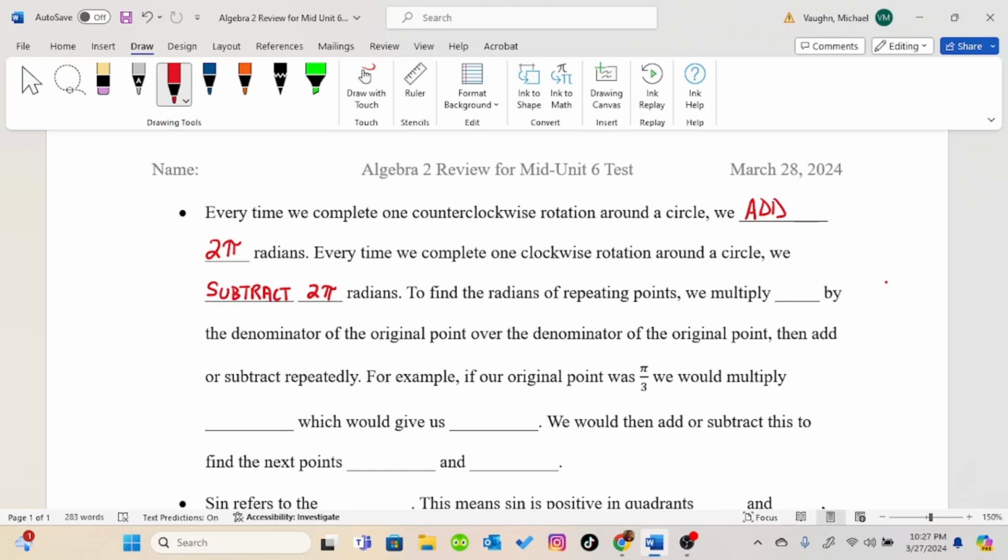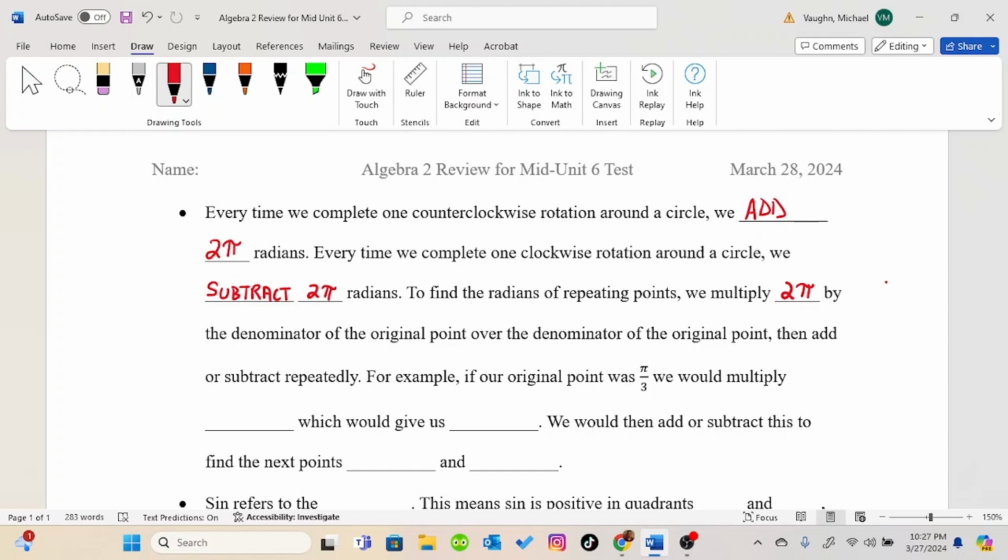To find the radians of repeating points, we multiply 2 pi by the denominator of the original point over the denominator of the original point, then add or subtract repeatedly.